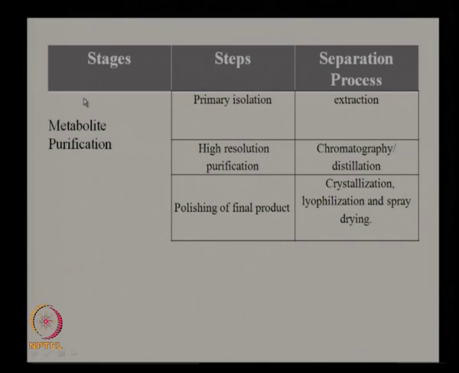If it is a metabolite instead of a protein, then you can use even distillation type of techniques, because a metabolite or organic chemical can withstand higher temperature, unlike a protein. Protein will not be able to withstand very high temperature.